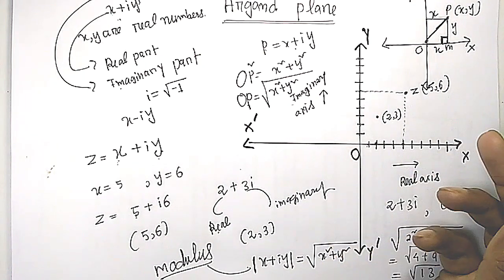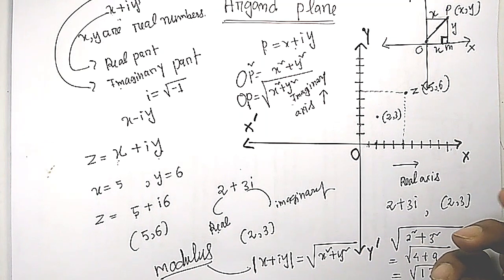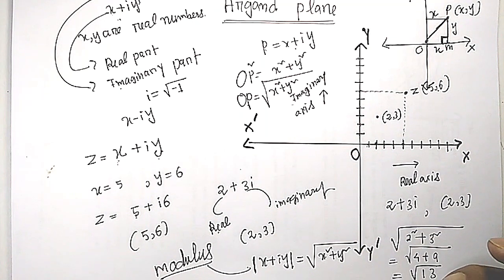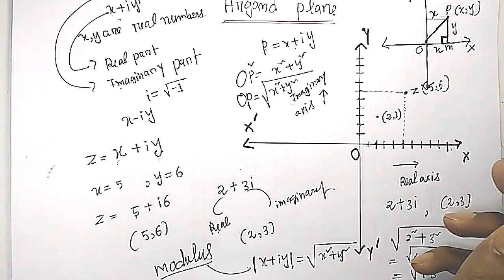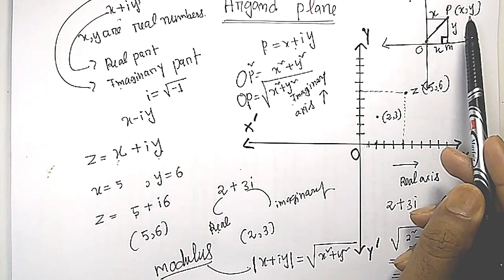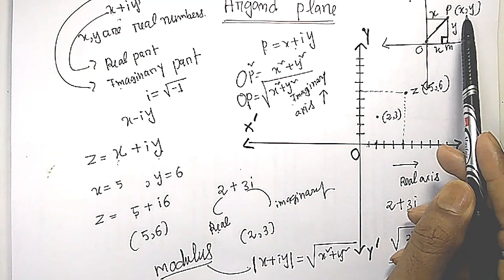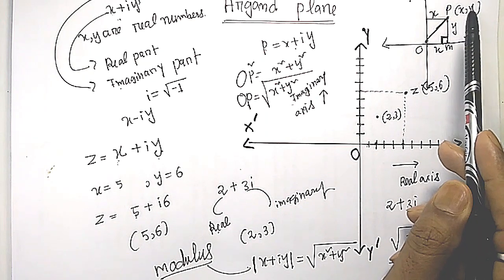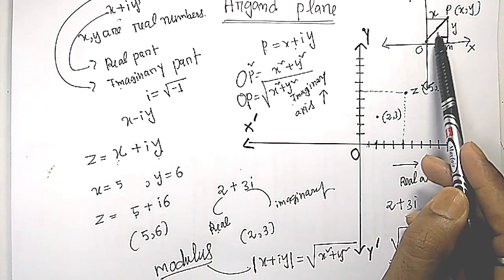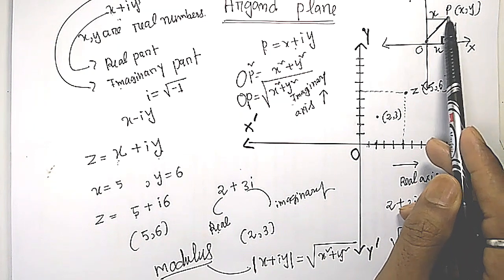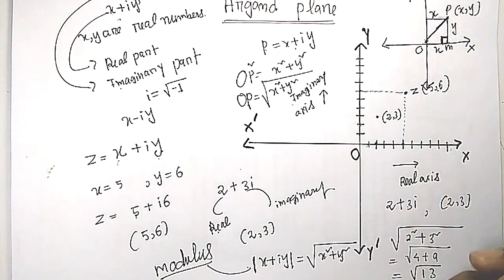Then the last topic is the modulus. Modulus means the distance of a point from the origin. The distance of a point from the origin is known as the modulus of the complex number.